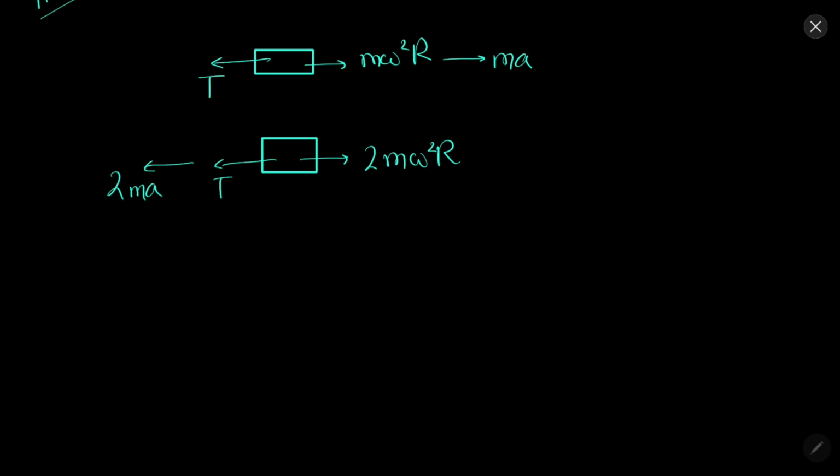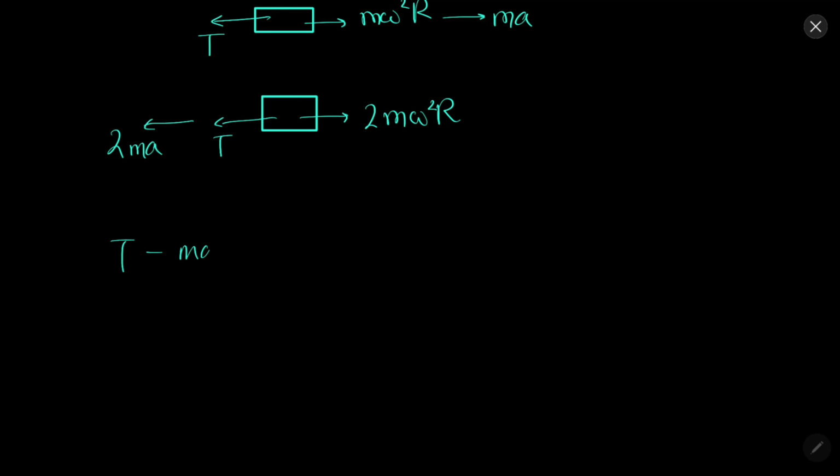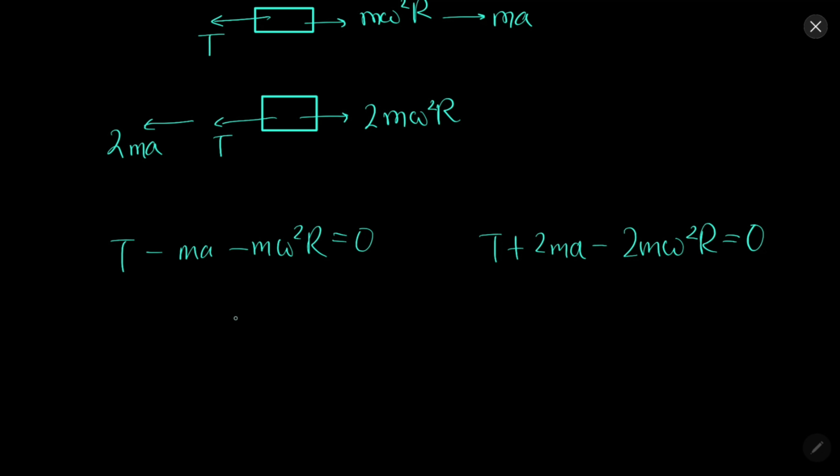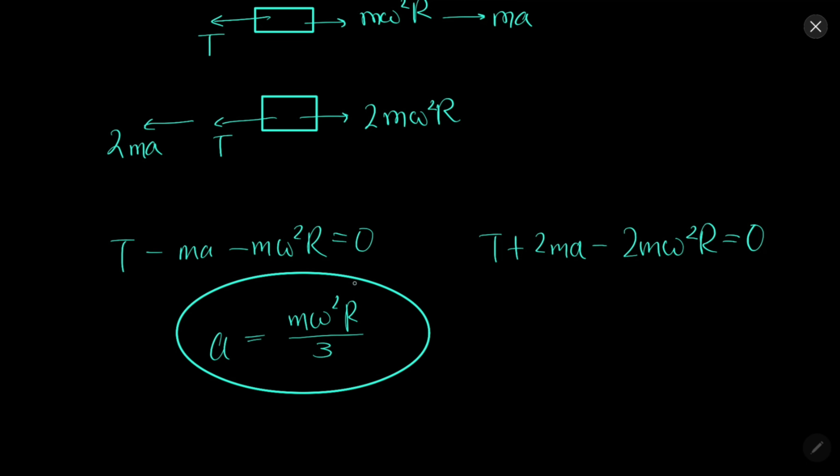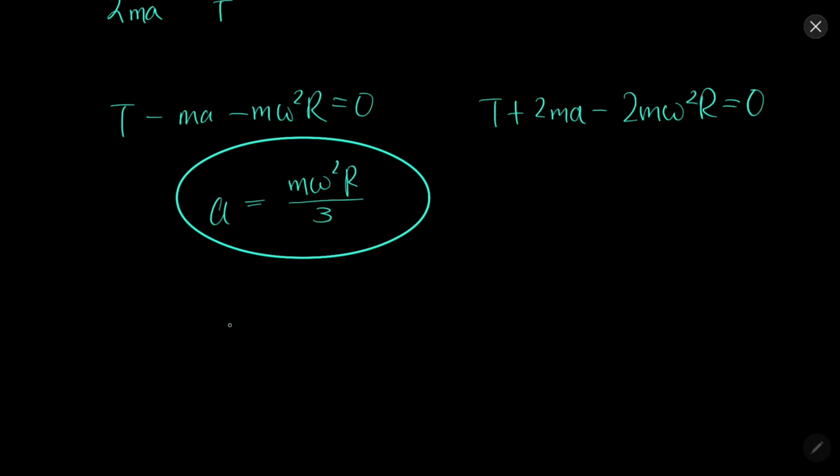So by these equations you can easily find the answer. One is this, one is this. By these two equations acceleration will come out to be omega square r over 3, and by that you can find tension will be 4 by 3 m omega square r.